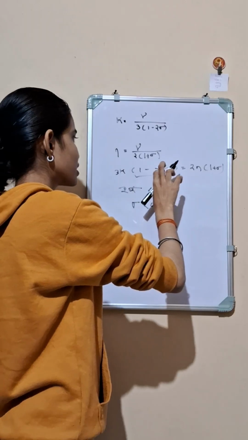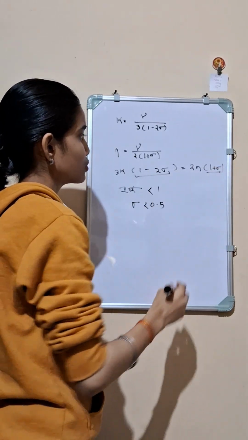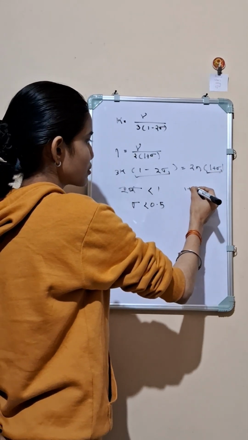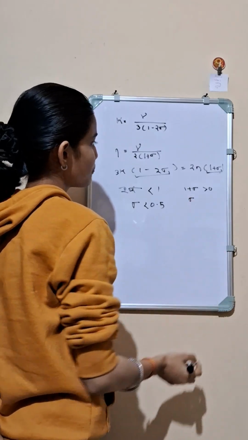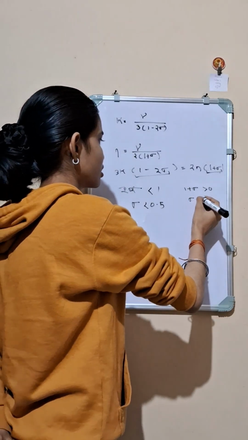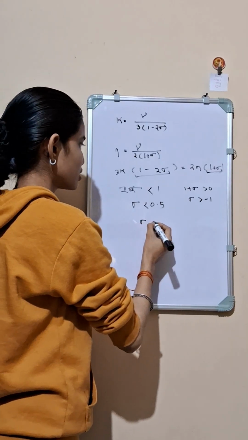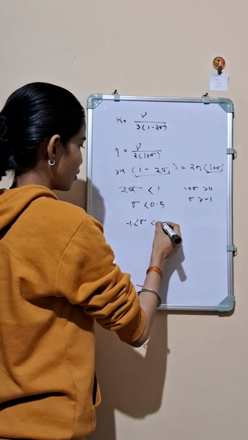And if I take sigma to be negative, this term will be positive, but we have to consider the other term, because 1 plus sigma should be greater than 0, so sigma should be greater than minus 1. So the limiting value of sigma is greater than minus 1 and less than 0.5.